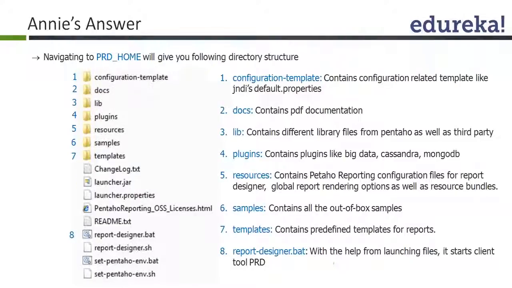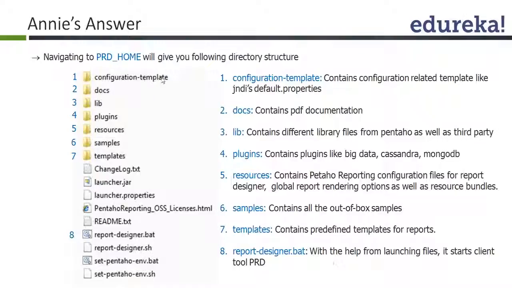Navigating to PRD home is nothing but where you have exploded your PRD related folder. Typically all their installables come in a zip folder. You have to unzip it, and after unzipping you'll see these artifacts.